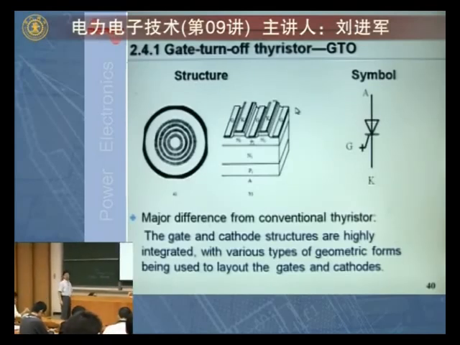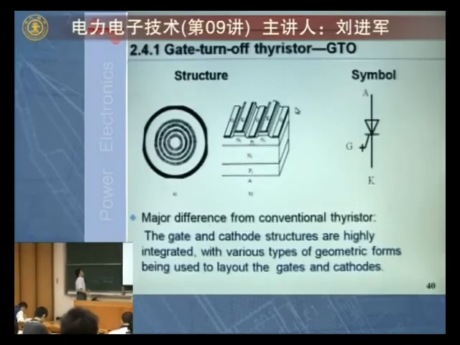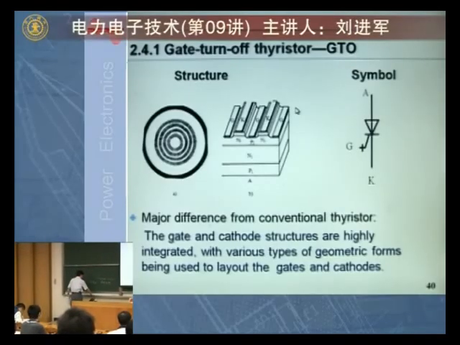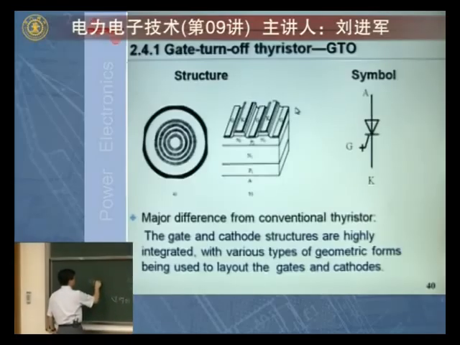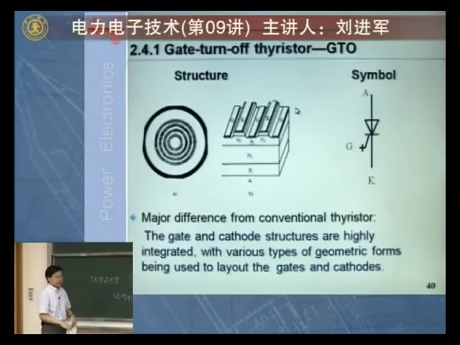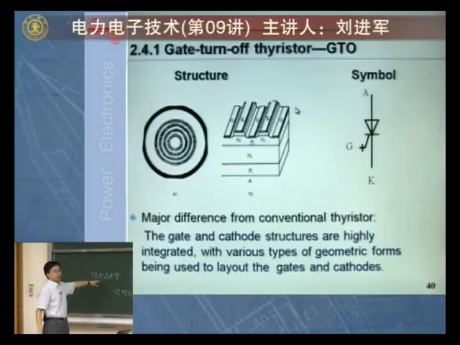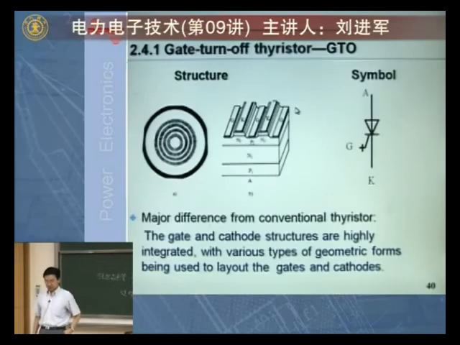So this is called gate turn-off thyristor. Of course, it has a Chinese name, but it is very long, so usually, even in Chinese, we call it by the short name GTO.